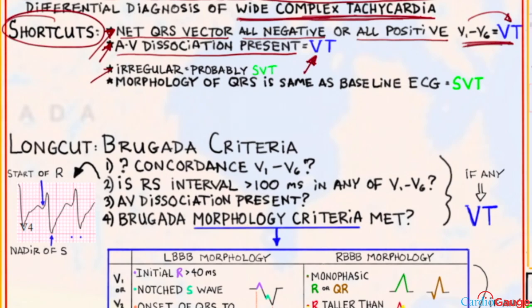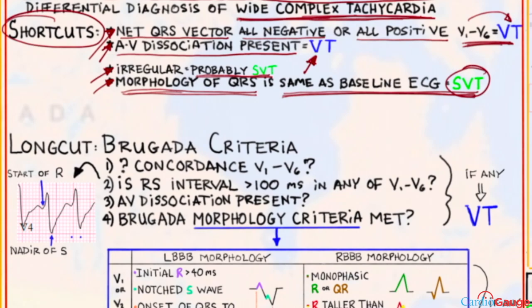Then, if it's irregular, you're usually dealing with SVT, like atrial fibrillation or multifocal atrial tachycardia or atrial flutter with variable conduction. And lastly, there's the relatively obvious one of the shape of the QRS. If the morphology is the same when the patient's in sinus rhythm as it is when they're having the arrhythmia, then that tells you that you're dealing with SVT.